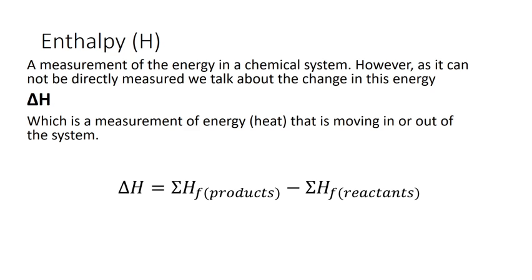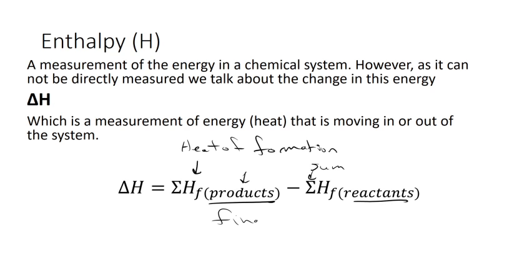And here is the mathematical equation. Delta H is equal to the sum of the heats of formation in the products, notice that products comes first, minus the sum of the heats of formation of the reactants. It is final minus initial.